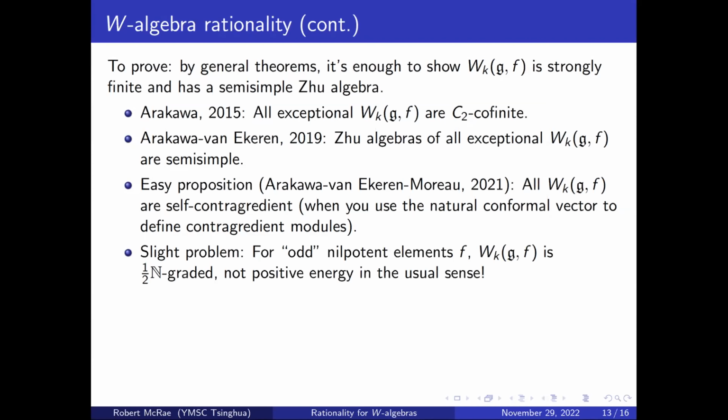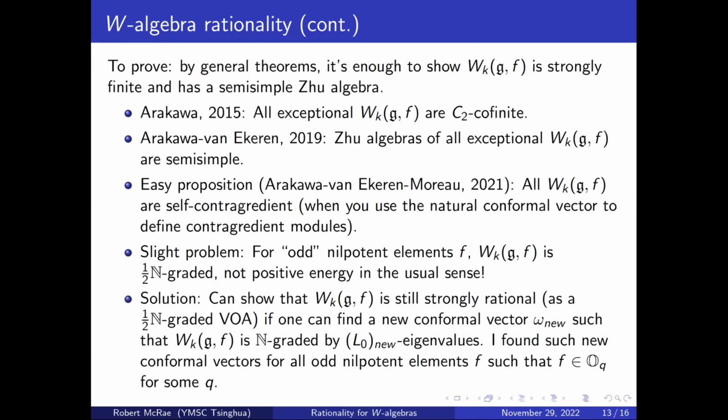It's actually half Z-graded or half N-graded. So it's not a positive energy VOA in the usual sense. And this does cause some issues, but fortunately it's not a serious issue. You can actually show that this is still a strongly rational VOA if you can find a new conformal vector such that the W-algebra is N-graded.